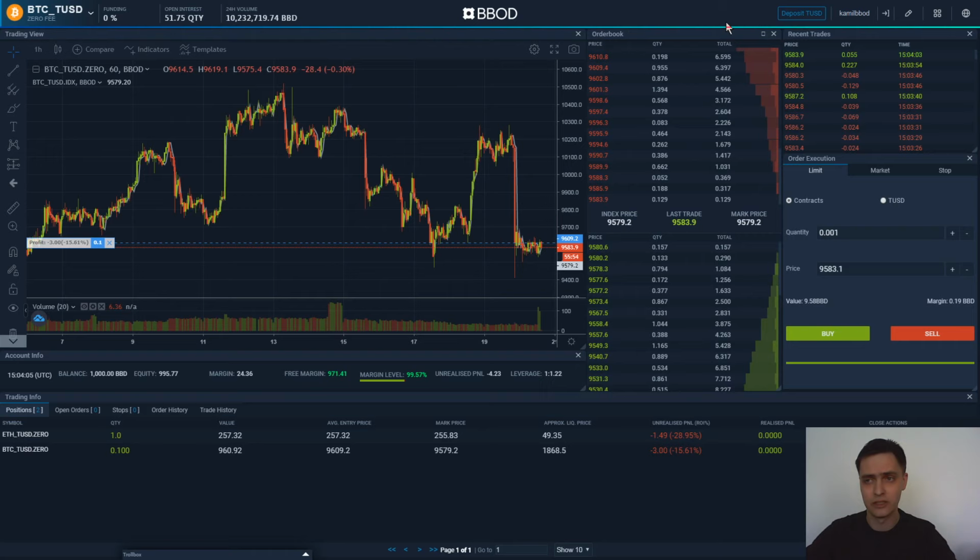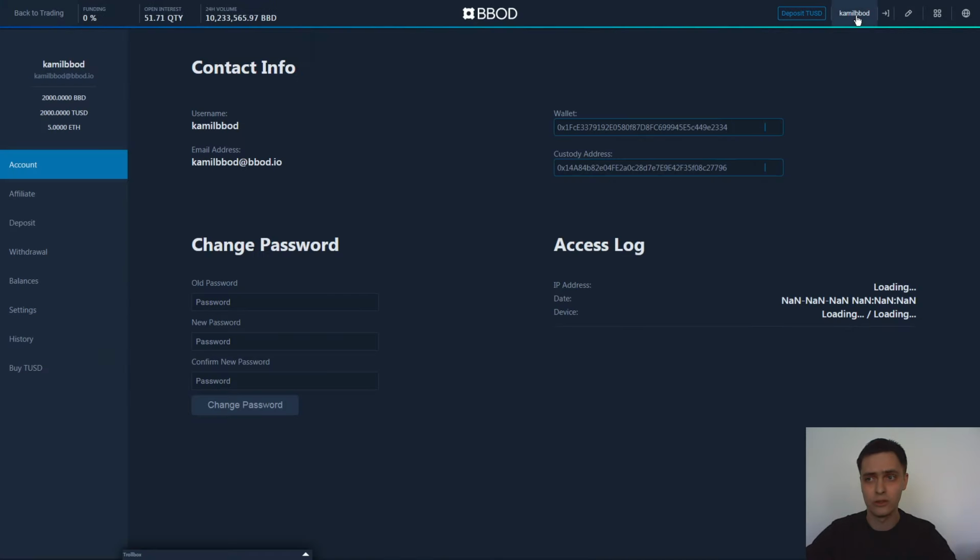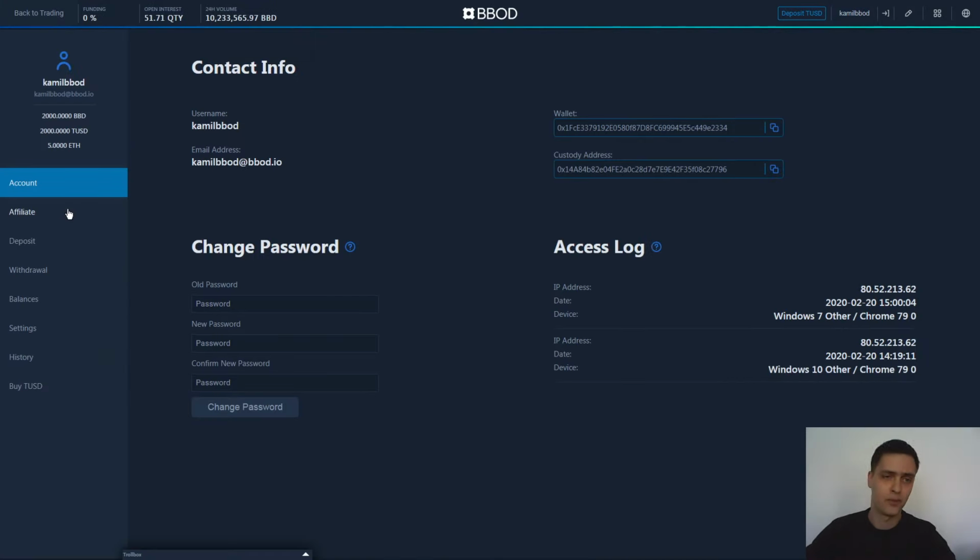Yeah, and moving to the right side, you have the deposit true dollar button here. You have all your account information.